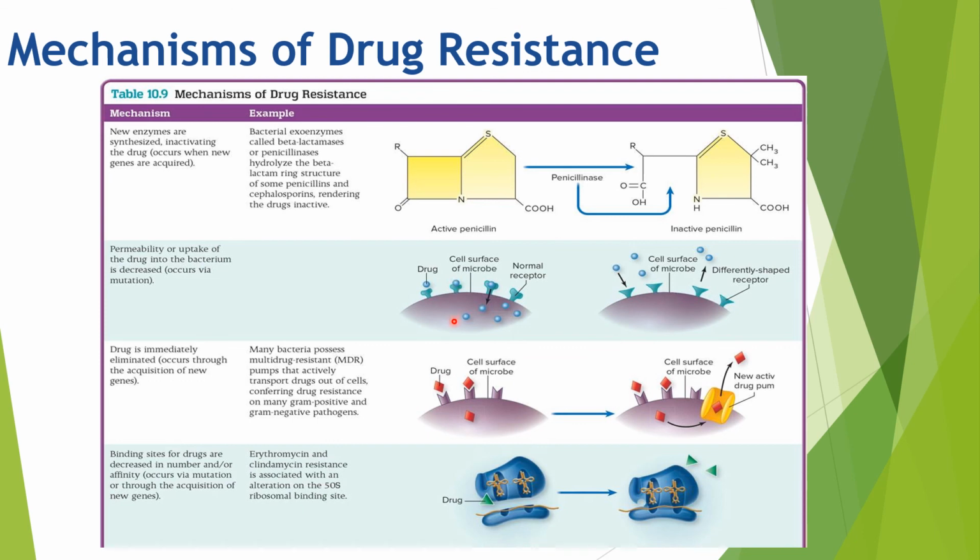These receptors are needed for the drug to attach to, so that the bacteria can die. If they mutate those receptors, the drug is not going to be able to bind to that receptor, and therefore the drug cannot enter, and the bacteria is unharmed.